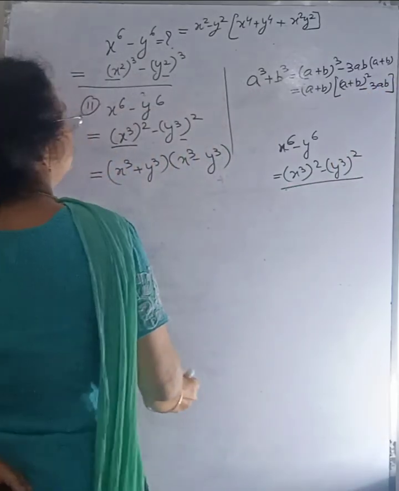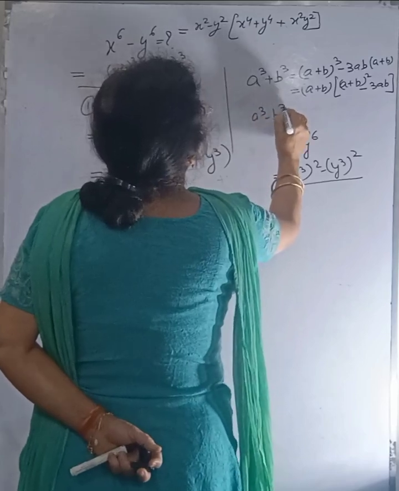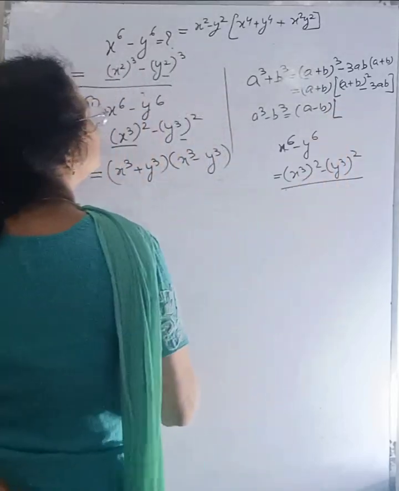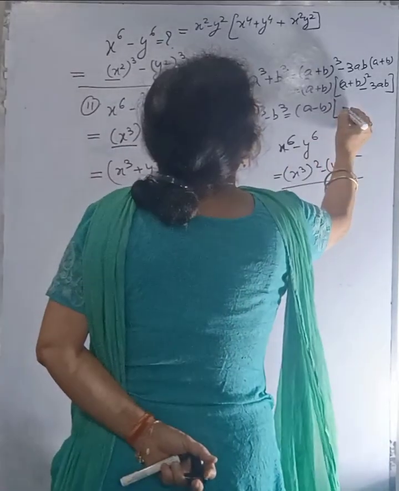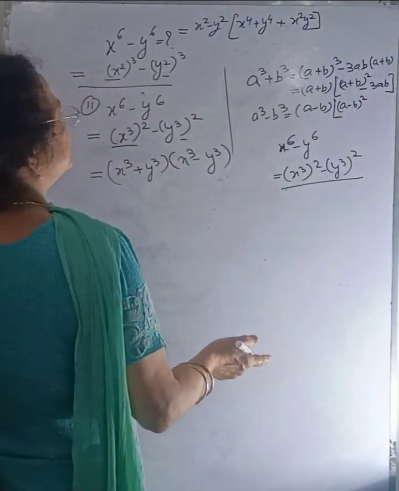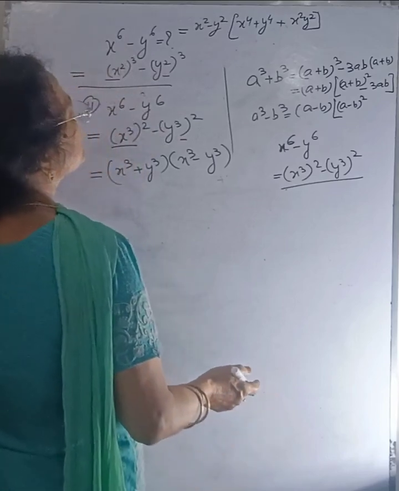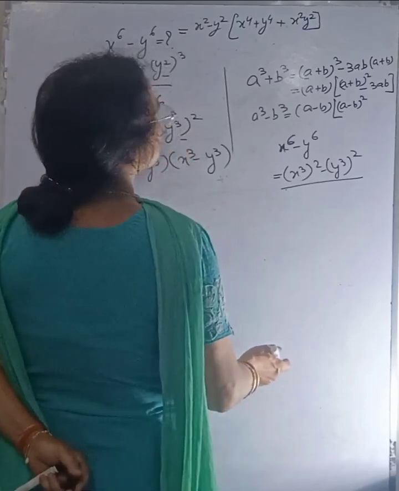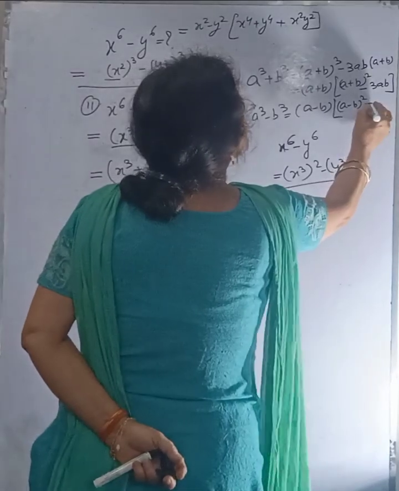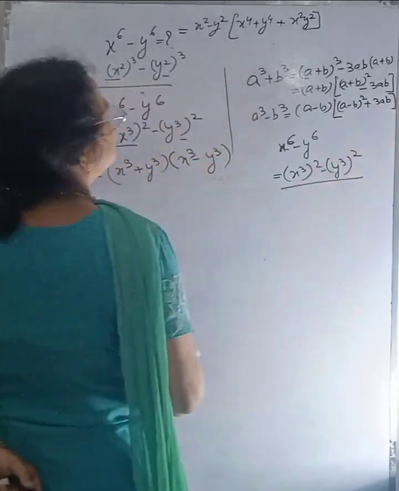Correct? Similarly, a cube minus b cube can be written as (a minus b) taken common, that is (a minus b) whole square plus 3 times ab. Okay.